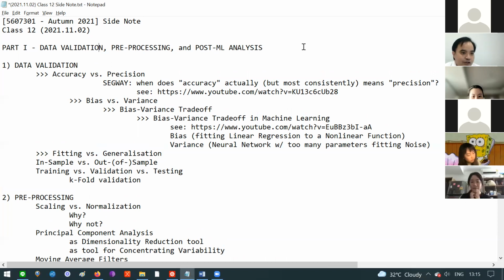Data validation, as a general concept, not just a particular technique. The other thing is the pre and the post. In machine learning class or in the previous lectures, we learned how to build a model to do unsupervised clustering.